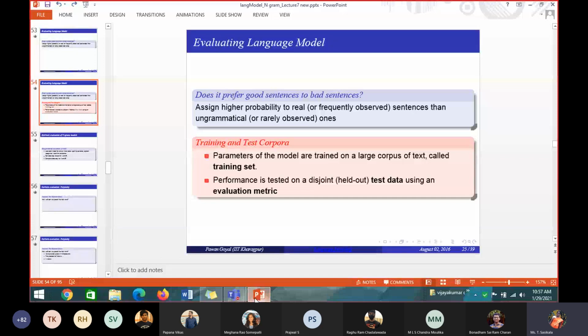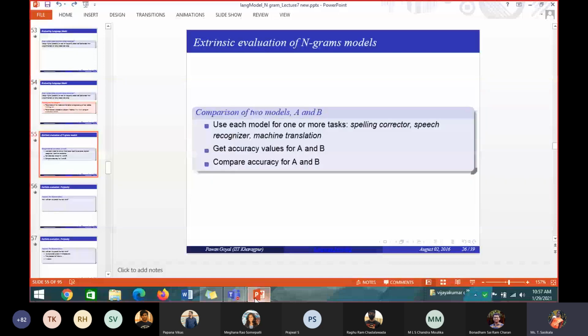So the extrinsic evaluation method is task based: by giving some task, I find out which model gives better performance for that task.